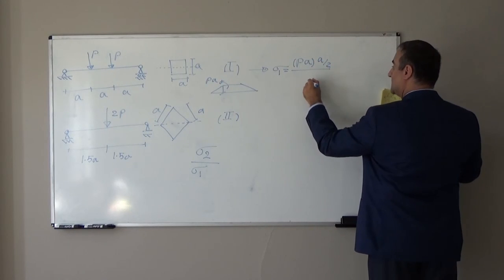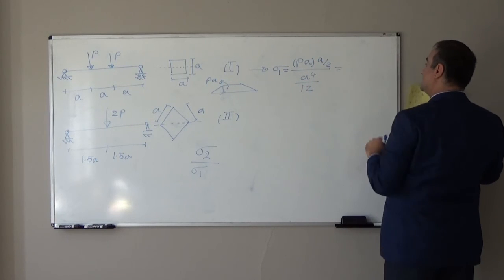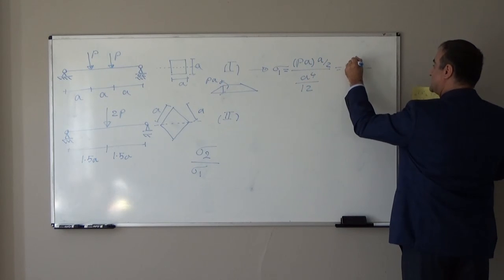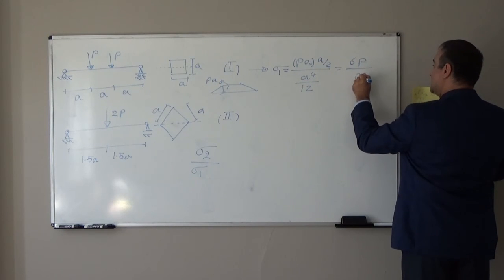I will be A to the power of 4 over 12. So if we simplify everything, we will end up with 6P over A squared.